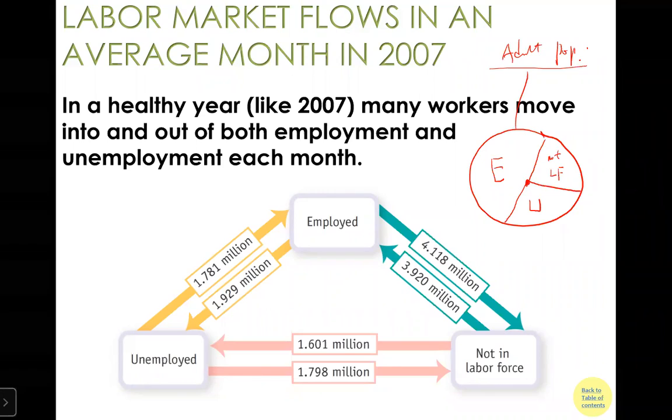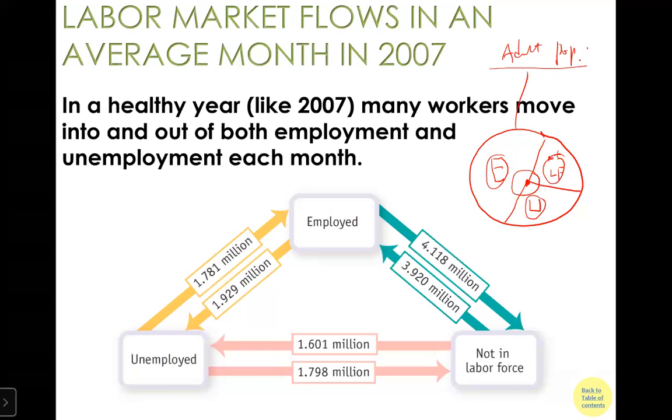Now you can imagine these are like three islands. There are three islands you can live on, and at any point of time, people are just moving around among these three islands. That's the way we understand it. So now let's look at this flow chart.